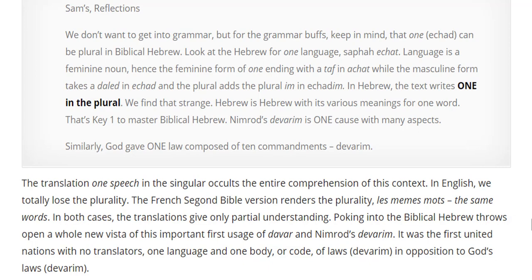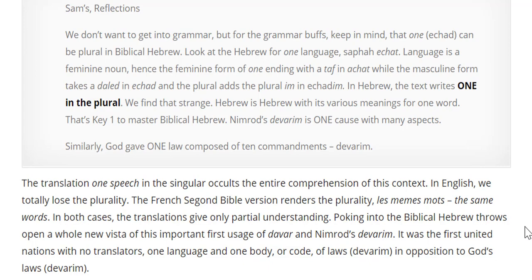Poking into the biblical Hebrew throws open a whole new vista of this important first usage of dabar and Nimrod's Devarim. It was the first United Nations with no translators, one language and one body or code of laws, plural, Devarim, in opposition to God's laws, Devarim.